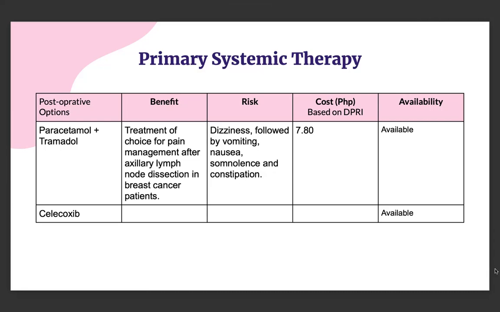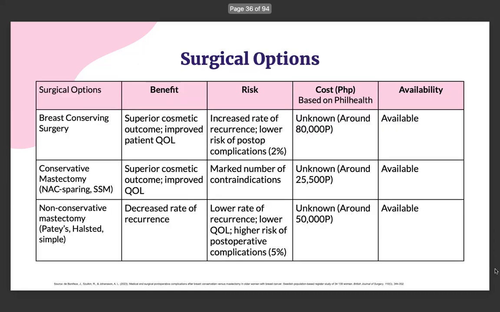And then the risk for this would be that a higher dose of celecoxib, 800 milligrams per day, might be related to augmented cardiovascular risk. So celecoxib is available in pharmacies. It's 18 pesos per 200 milligram capsule. And that's for the systemic options. So we can also do surgical options.